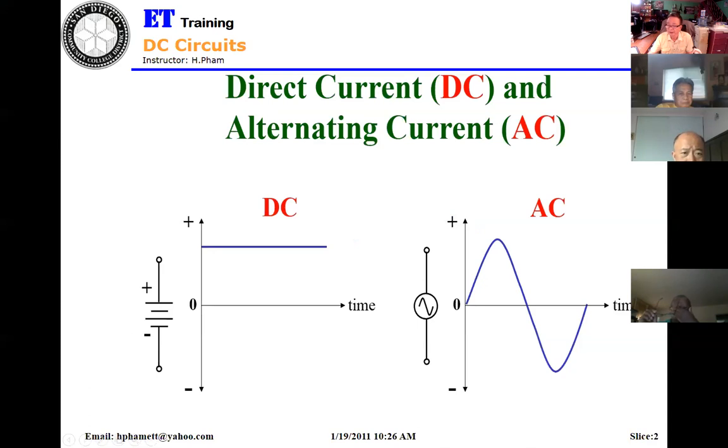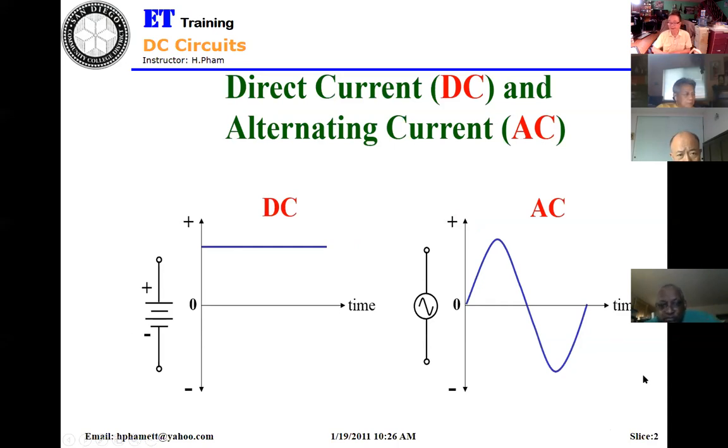So you can find DC voltage somewhere like your car battery. That will be 12 volt, okay? That's a DC. It's just a certain value, 12 volt, 5 volt, or whatever voltage. However, if you're looking at the AC, that's sideways.